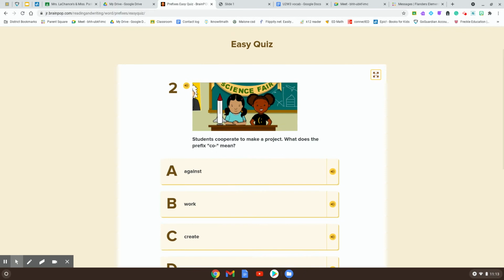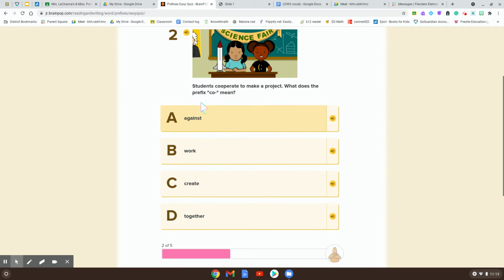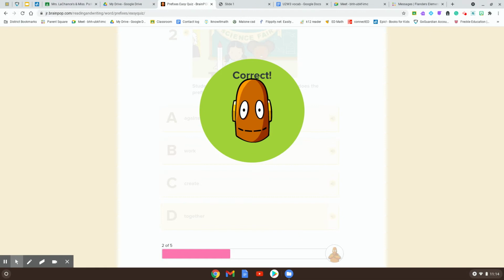Students cooperate to make a project. What does the prefix co mean? So we know what cooperate means: working together. So is co against, work, create, or together? It is together. Good job.